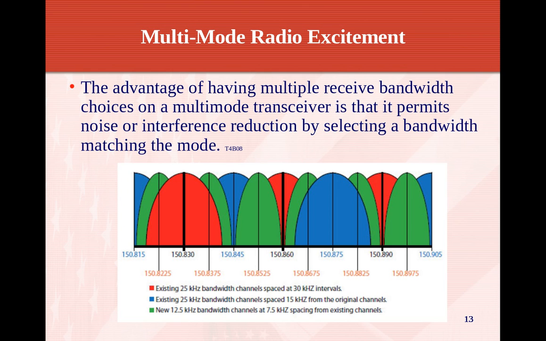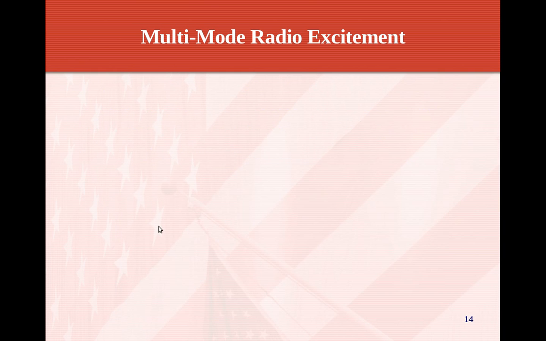So we're going from a wide band FM to a narrow band, and a lot of amateur radio is starting to transition over to the new narrow band. And what that does is it saves power, and it doesn't tie up as many frequencies, right? You can get twice as many channels in now if you use 12.5 kilohertz. And this is what the Marine band has done. They've switched from the wideband FM to the 12.5 kilohertz.